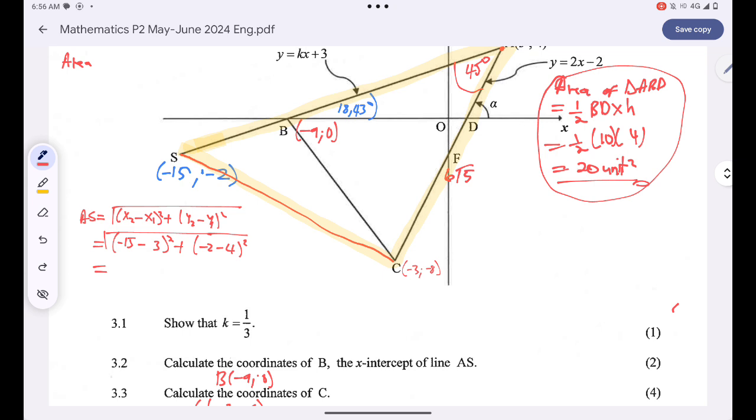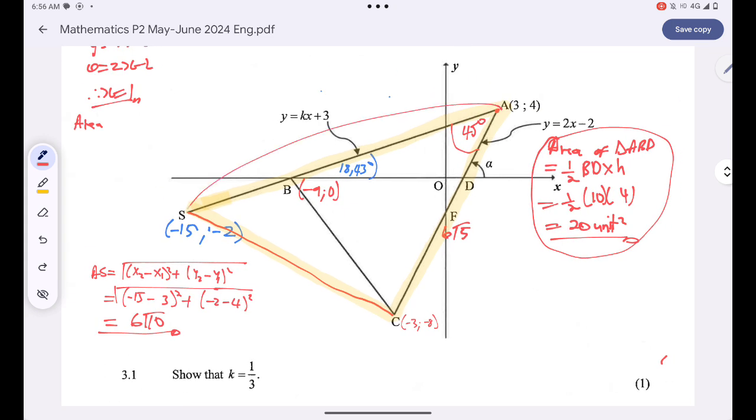This will give me 6 root 10. I now know that the distance of AS is basically 6 root 10.